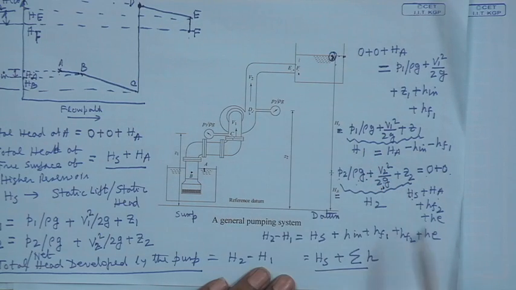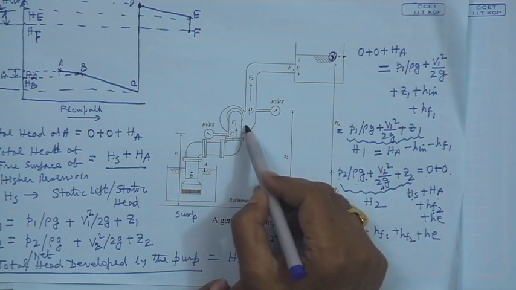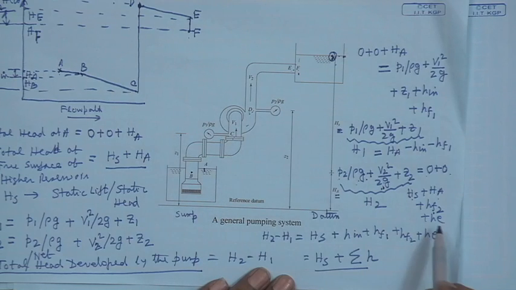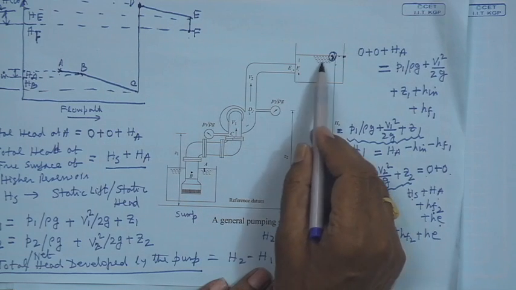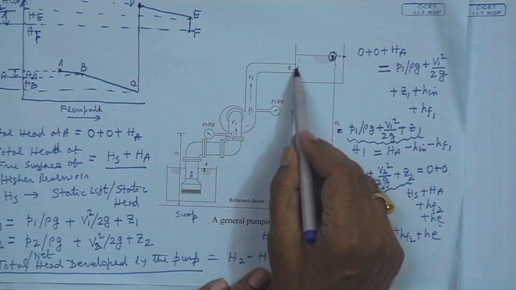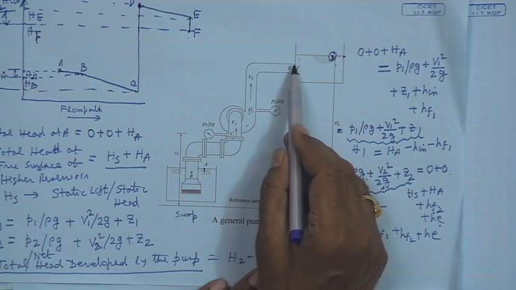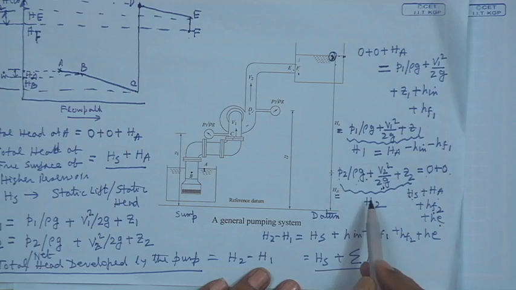What is that? Hf2, the frictional loss in the delivery pipe, and He is the exit loss. That means exit loss is nothing but the kinetic energy loss at the discharge end. So, if you now subtract this H1 from H2, because this is H1, this is H2, you get this.